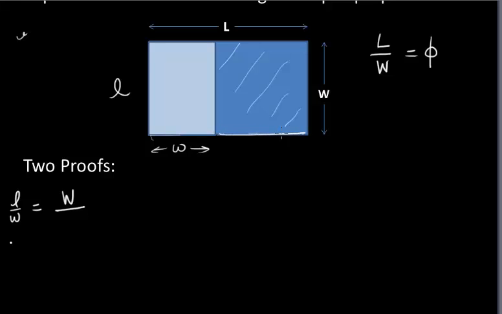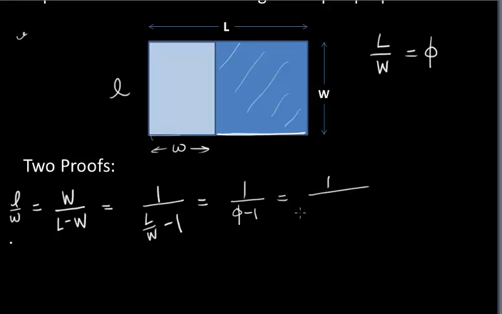It's a w by w square. So the width of the little white rectangle is big L minus w. Now, I'm going to divide the top and bottom by w. So I get 1 over, I'll divide L by w, and then w by w gives me 1. Well, I know that big L divided by w is phi, so this is 1 over phi minus 1.